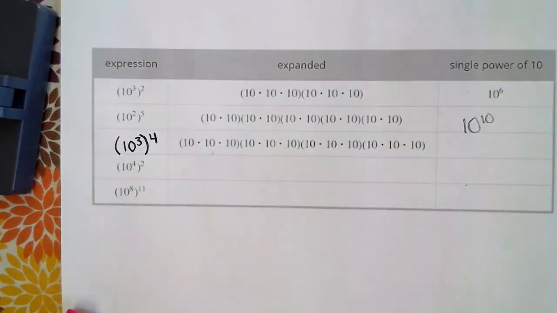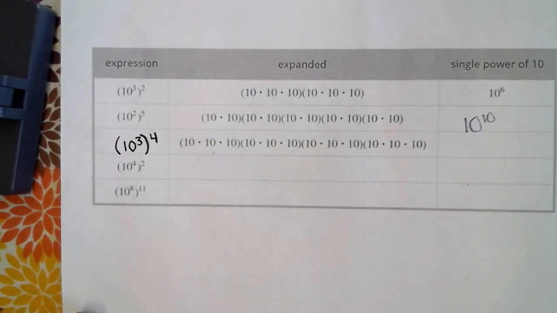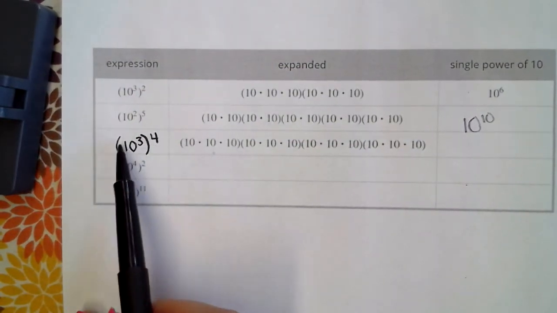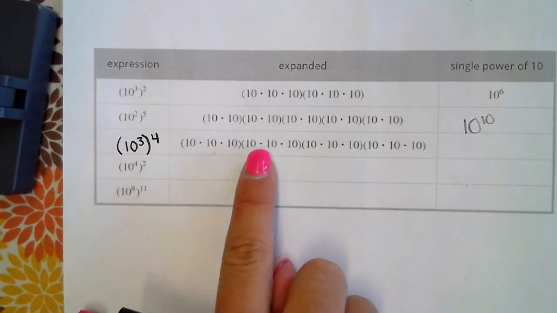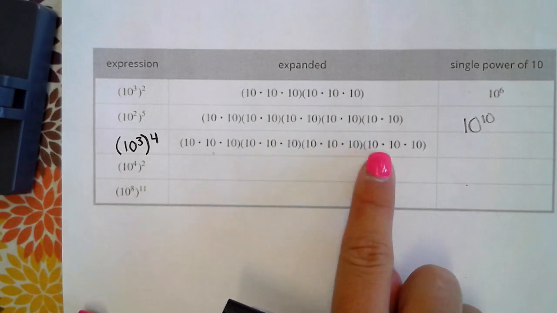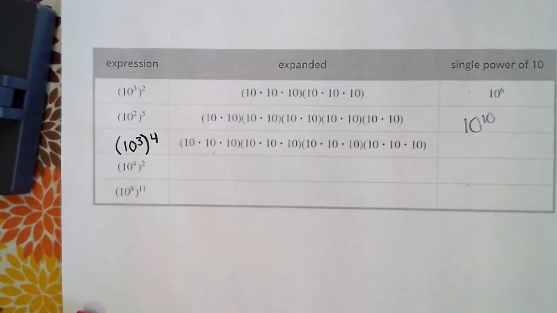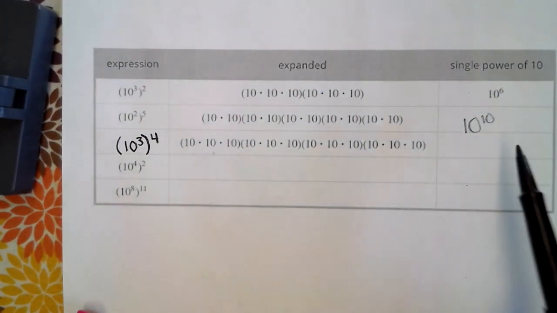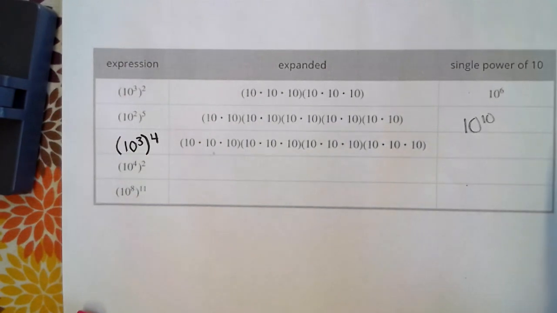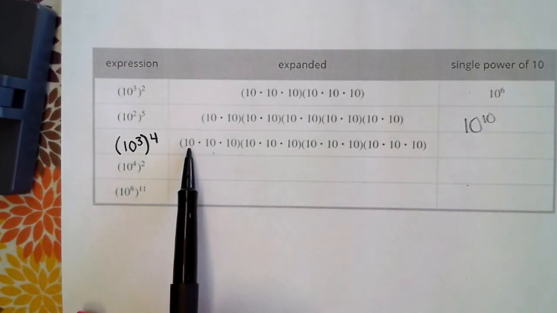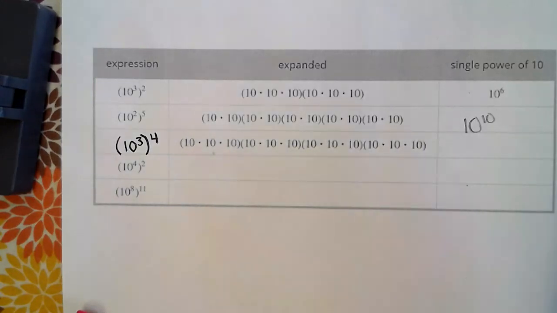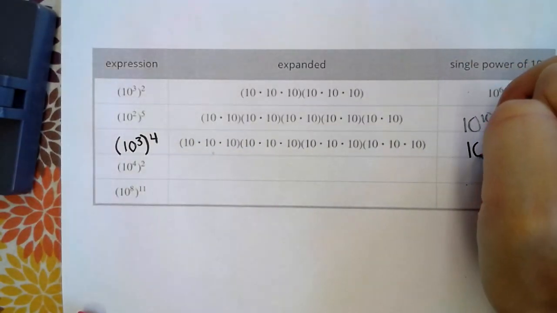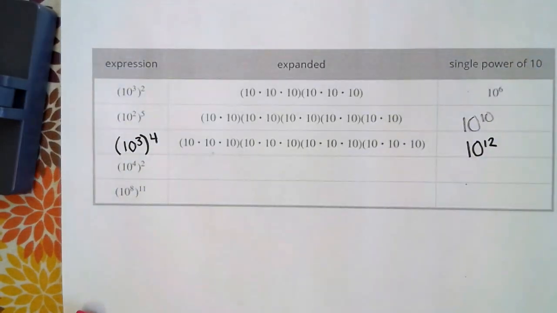So the outside exponent would be 4. Now let's make sure this works. I have 10 to the third multiplied by itself 4 times: 10 to the third, 10 to the third, 10 to the third, 10 to the third. So we did that correctly. Now, to get the single power of 10, I count how many total 10s there are. So 1, 2, 3, 4, 5, 6, 7, 8, 9, 10, 11, 12. So my single power of 10 would be 10 to the 12th power.